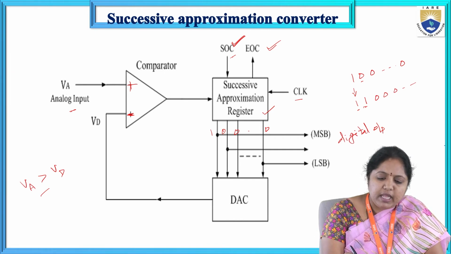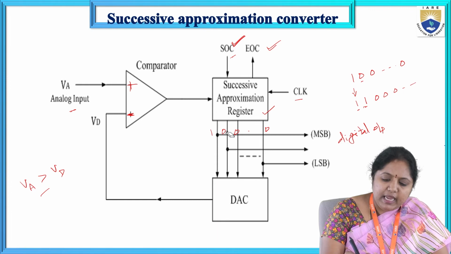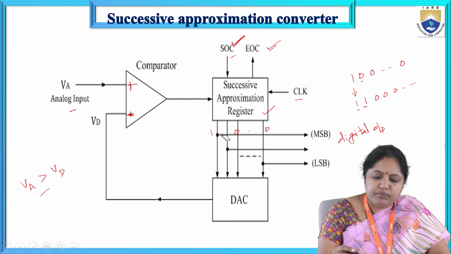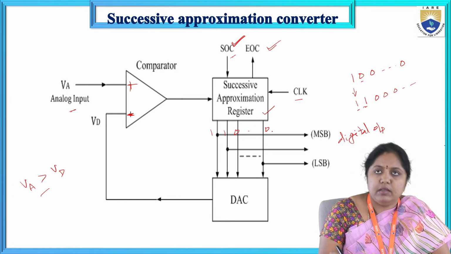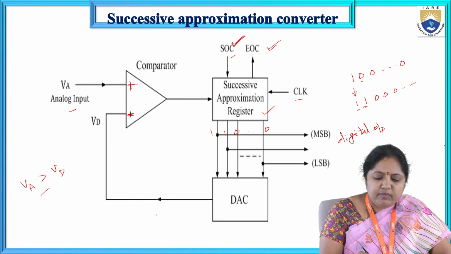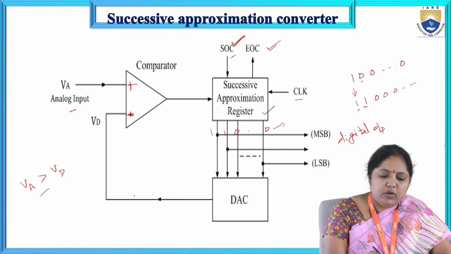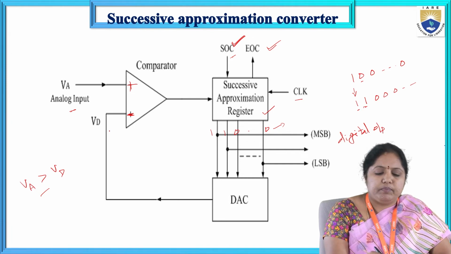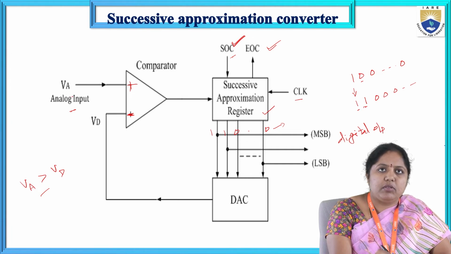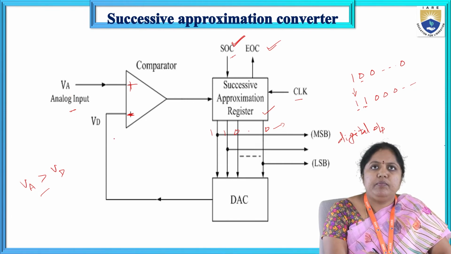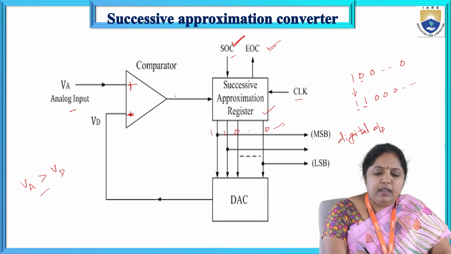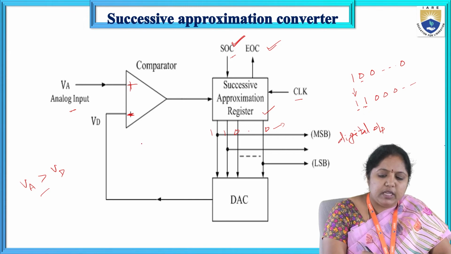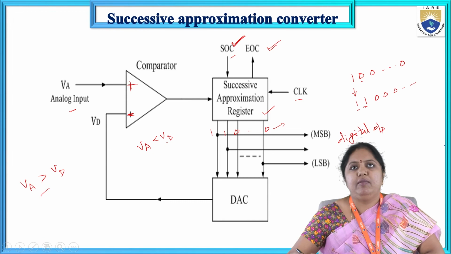Now the input of this DAC is 110. For this value, again it will convert the digital input value to the equivalent analog output. Again your analog signal will be compared with VD, and after comparison, suppose I get VA less than VD.